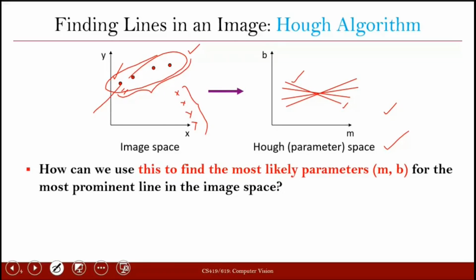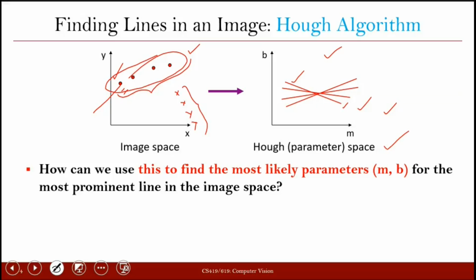Okay. So basically, finding the existence of lines boils down to finding the values of B and M in the parameter space where you have multiple lines passing through. All right, or as we discussed in the last class, when we are plotting a line on the Hough space or the parameter space, the corresponding value of M and B from where the line passes gets 1 vote.